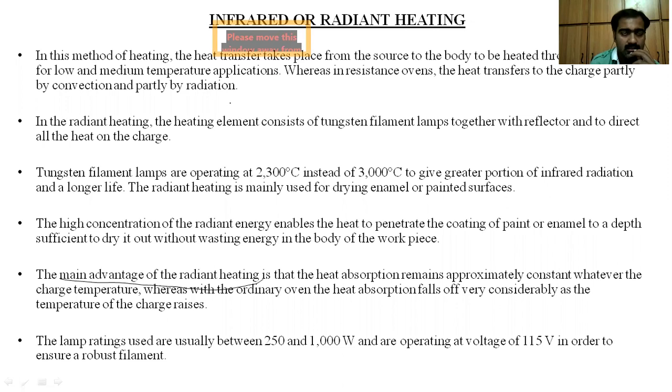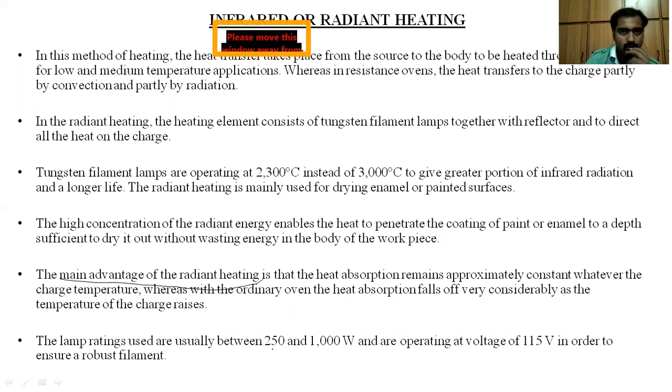So the substance to be heated cannot absorb that much heat, and the heat absorption falls. So these are the lamp ratings we have mentioned here. Usually it is between 250 watts and 1000 watts, and the operating voltage is 115 volts. Okay. So in case of a robust filament, we use 115 volts.